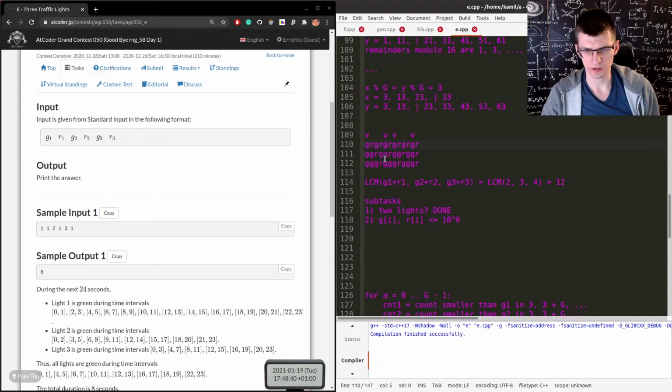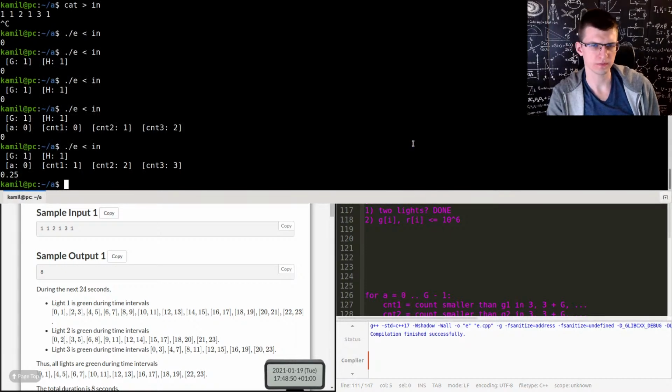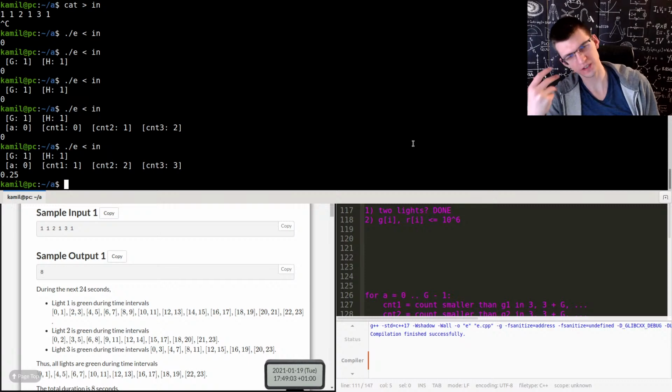That's every second value. Then we need to be 1 or 2 modulo 3. So isn't my code just... I think that my code is fairly stupid. It just multiplies the probability that the remainder modulo first value is good, modulo second value, and third value. Well, I need something else.